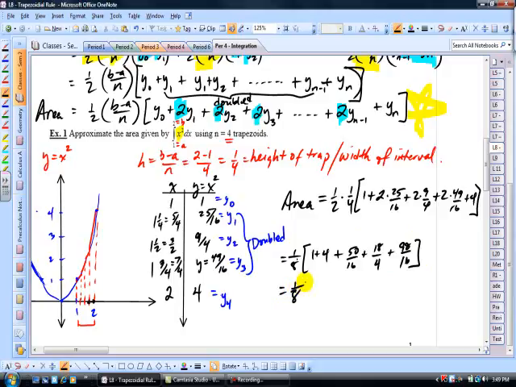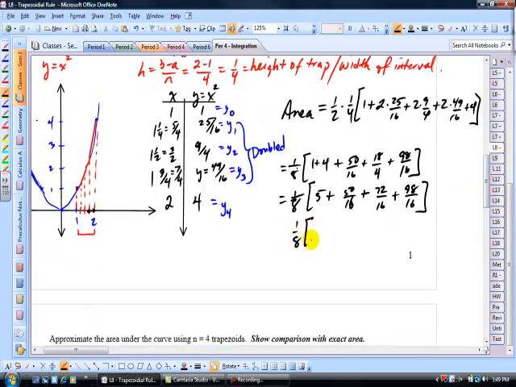So what do you get? So you get 1/8 times 5 plus, see, this right here is 50/16 plus 4 times 18 is 72. 72/16 plus 98/16.